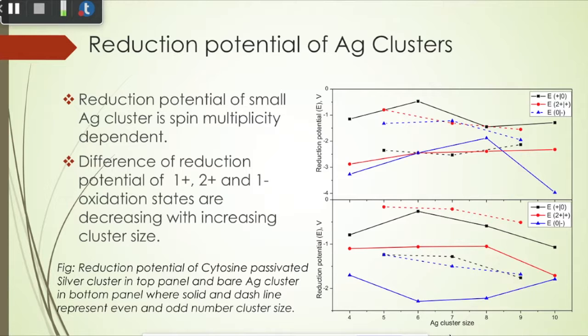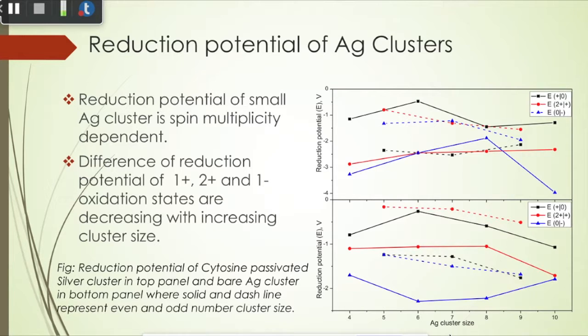If I compare with the experimental case which I showed in the motivation, it shows agreement with experiment. That means oxidation is favorable. Ultimately, you will get positive charges on the cluster, and the oxidation state is determined by the spin multiplicity, especially in the lower sizes.